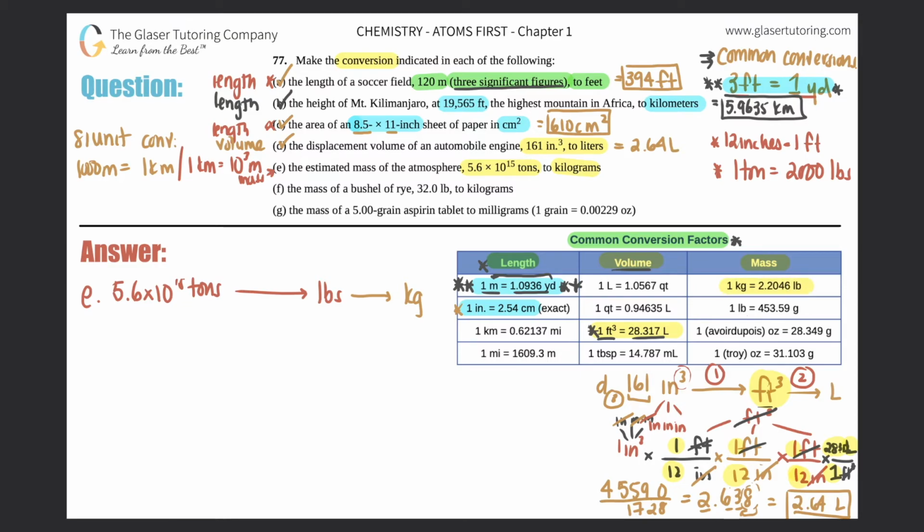1 kilogram equals 2.2046 pounds. So let's try it out. 5.6 times 10 to the 15 tons times by your ratio, tons on the bottom, pounds up on top, and because of that conversion that they assume that you've memorized, 1 ton equals 2,000 pounds. Tons cancel out.